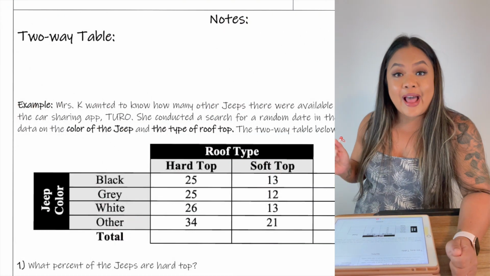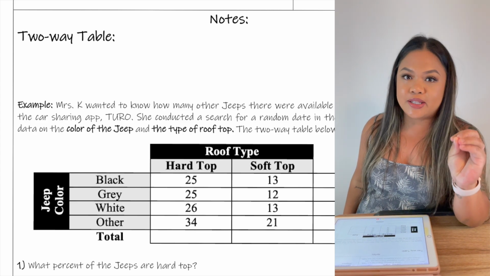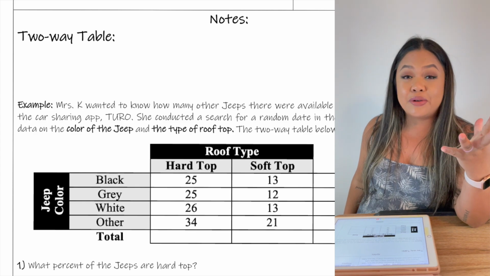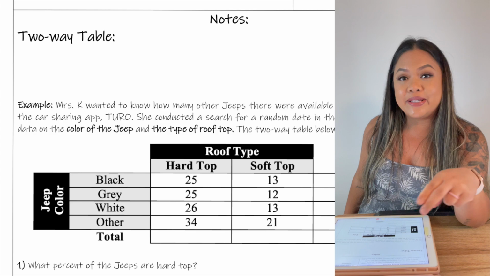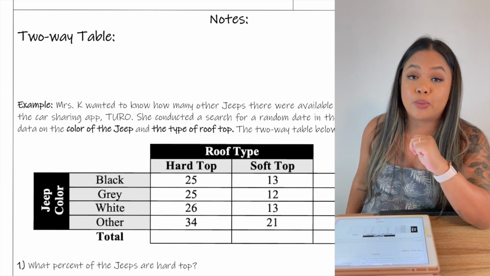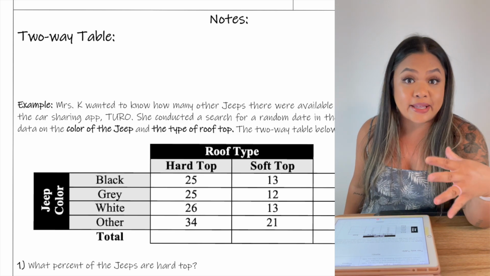Okay, so last class, we went over 2 different tables, frequency table and relative frequency table, and we used those for 1 categorical variable. In this lesson, we're going to be dealing with 2 categorical variables at the same time. So we're going to use a different table called a two-way table.